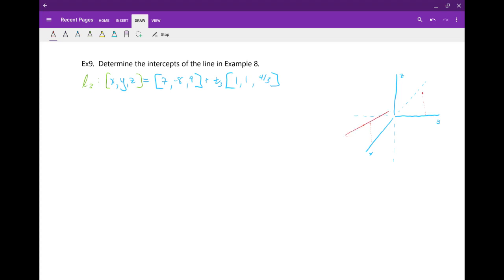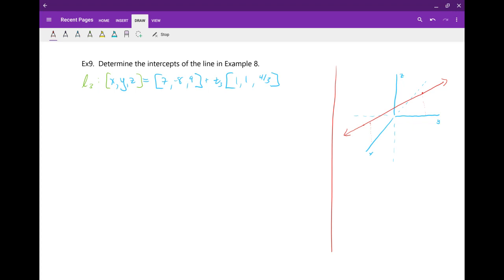And imagine drawing a line that goes through both of those. Guess what? This line that I've just drawn here doesn't have an x-intercept. It doesn't have a y-intercept. And it actually won't have a z-intercept either. It's actually not intercepting anything. So when you're asked to find the intercepts for this stuff, you actually might not find any answers, okay?